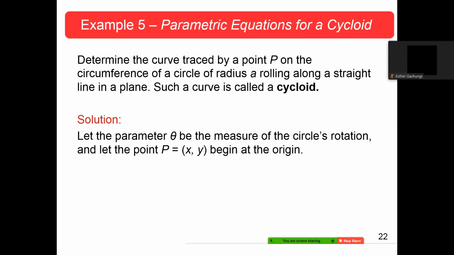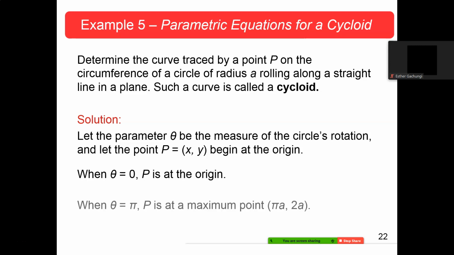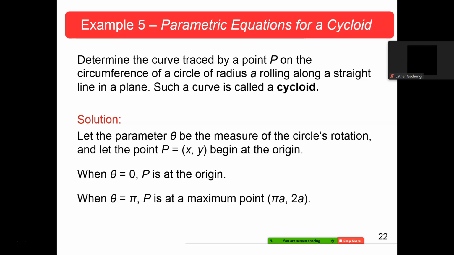Let's see if they finally will show you a picture. When theta is equal to 0, P is the origin. X and Y are both 0. Okay, got it. When theta is equal to pi, P is at a maximum. So you've turned from down here, theta equals 0 here. It's hard for me to do it.